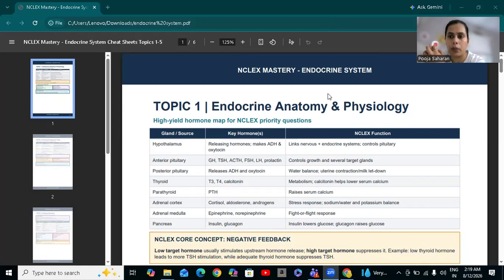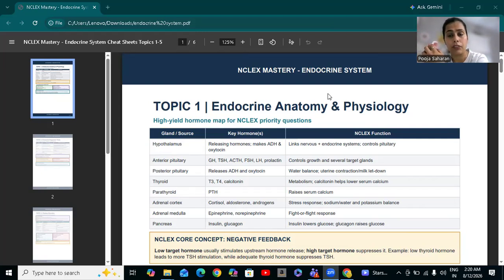So the anterior pituitary releases growth hormone, TSH, FSH, LH, and prolactin. According to the hormone, it will function. Growth hormone helps in growth. Thyroid stimulating hormone, as the name suggests, stimulates the thyroid.